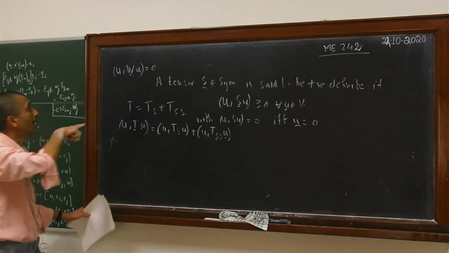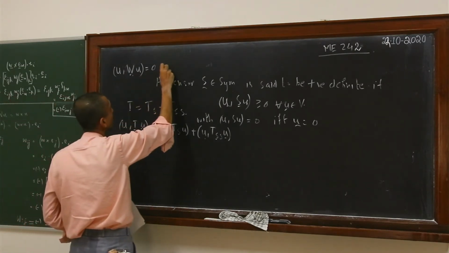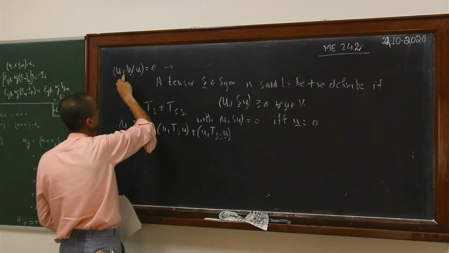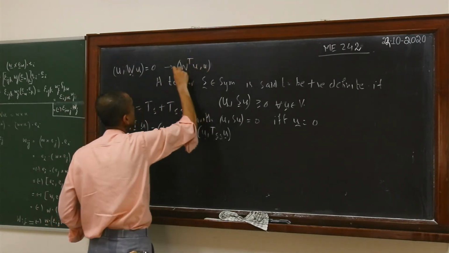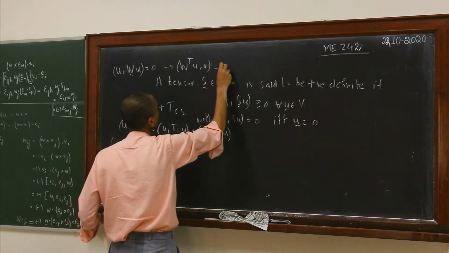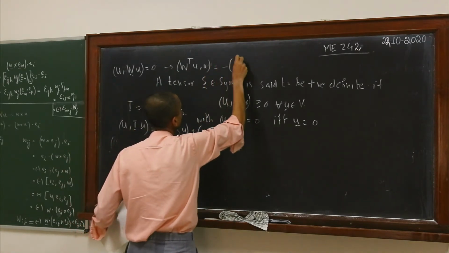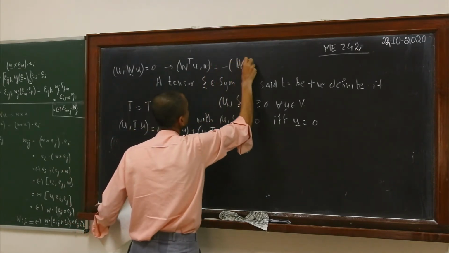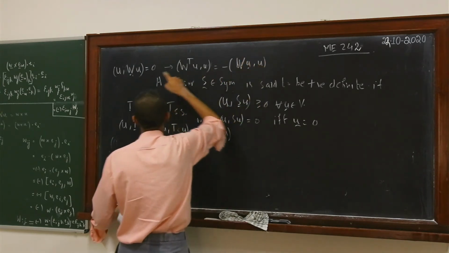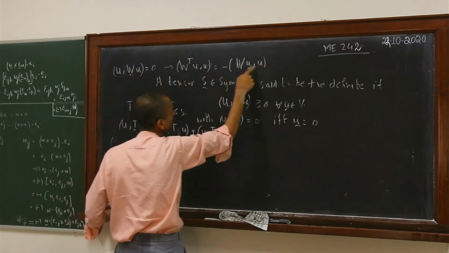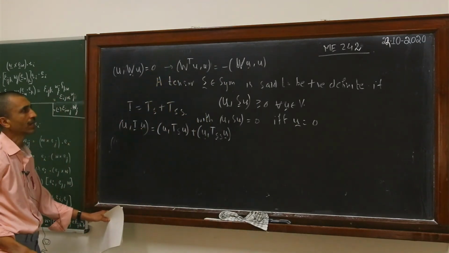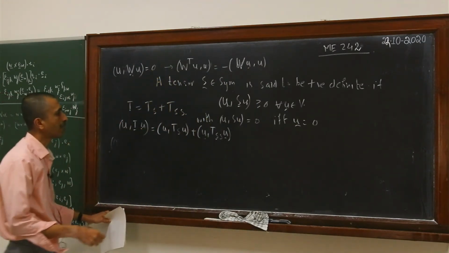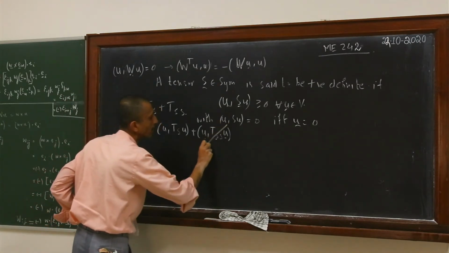The proof was just to use the transpose: ⟨U, WU⟩ is ⟨W transpose U, U⟩, which is equal to minus ⟨WU, U⟩, and hence it is equal to 0. So that proof we have shown, and this part goes to 0.